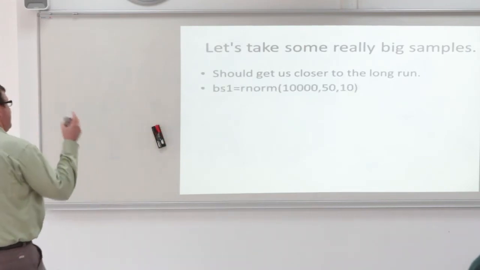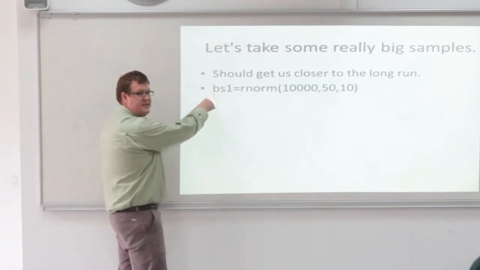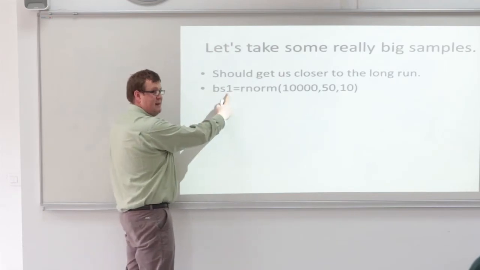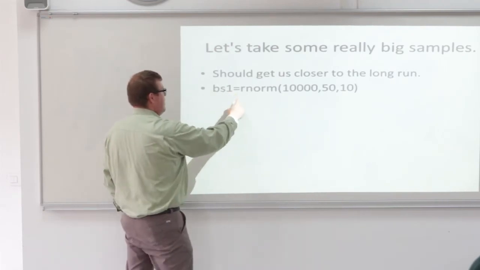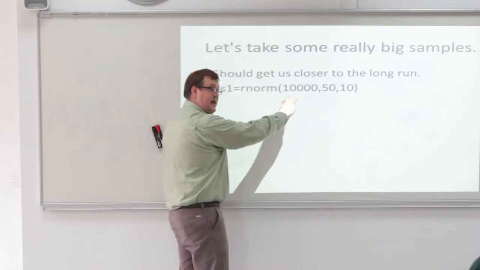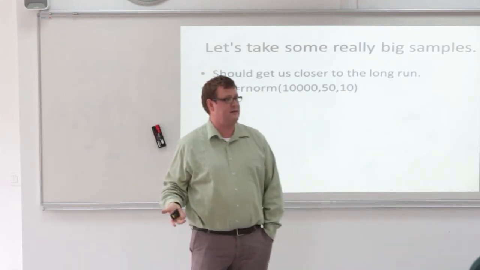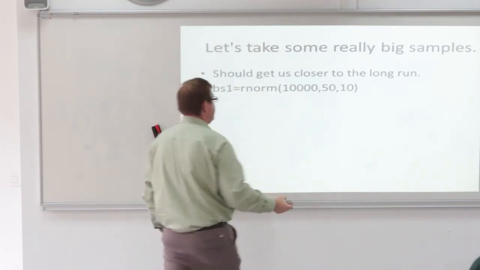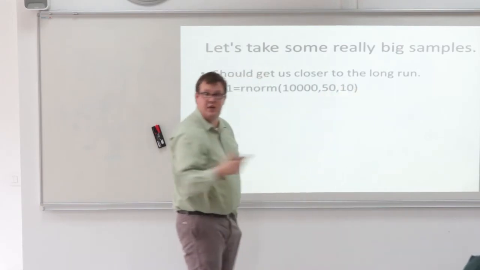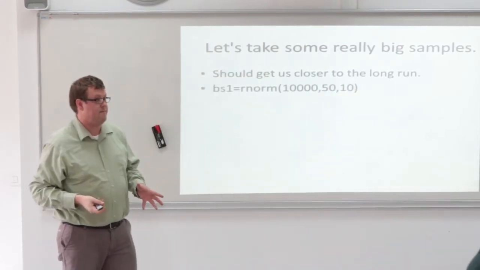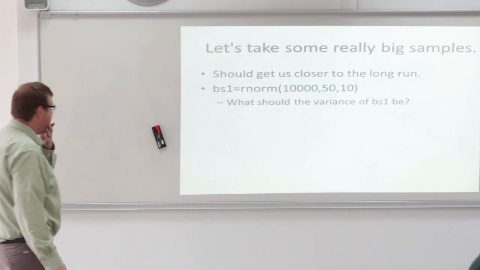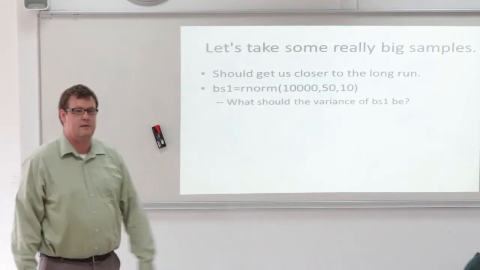Alright, so let's take some really big samples. Here I have BS for big sample. Big sample 1 is equal to our norm. We're going to take a sample size of 10,000, with the same mean and standard deviation that we used for our small sample. Okay? So what should the variance of BS1 be?